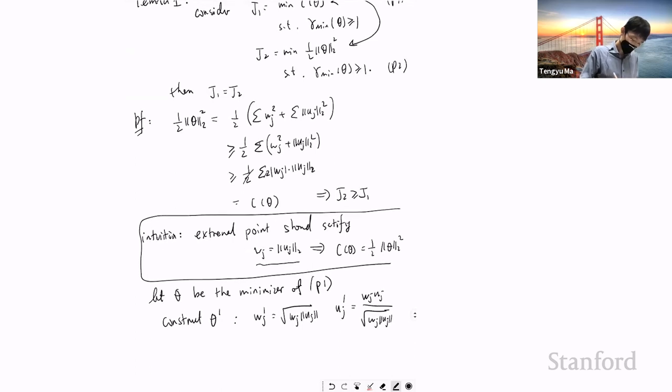And then you can verify that because I'm just changing the scaling, Wj times phi of Uj transpose x is the same as before.